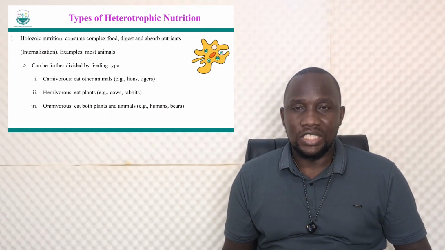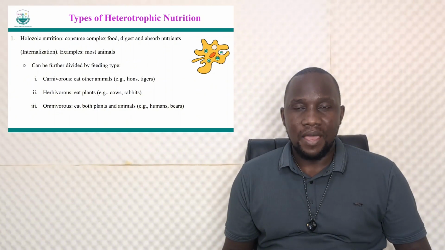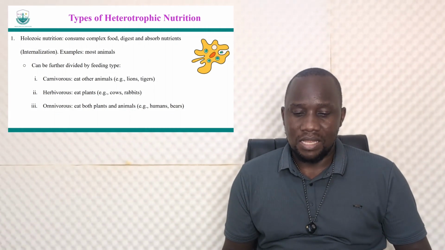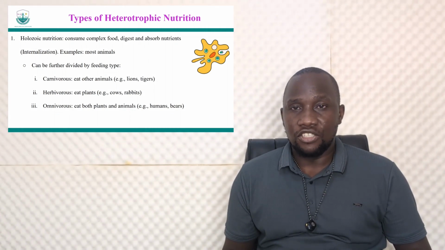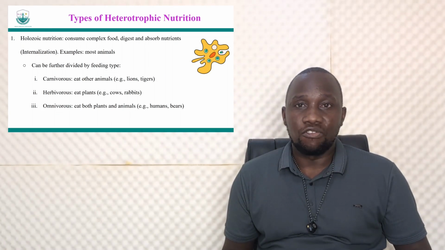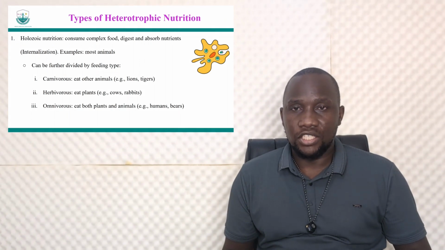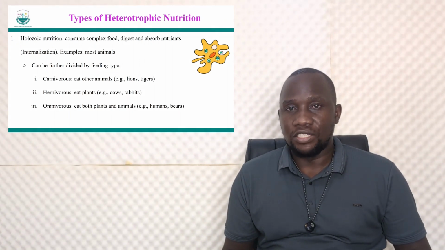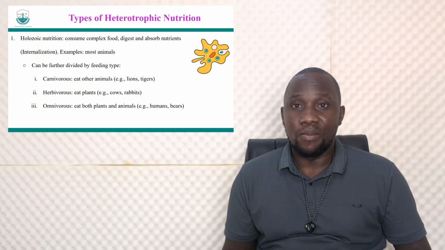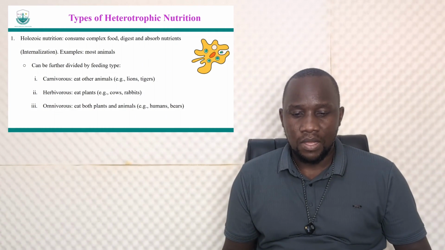Okay, and then we have what we term as herbivores, these animals that feed on plant material, the cows, the rabbits, and even sheep, goats, and the rest. Omnivorous, this one can feed on both animals or flesh and plant material, or plants basically. So we have humans there, and then the bears.